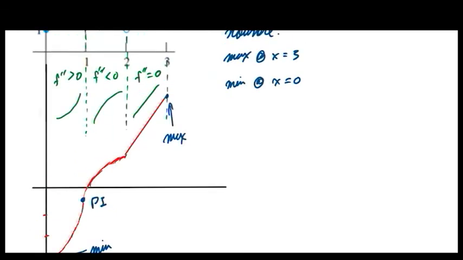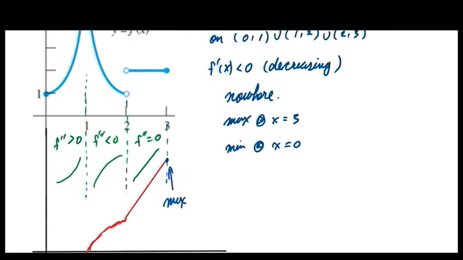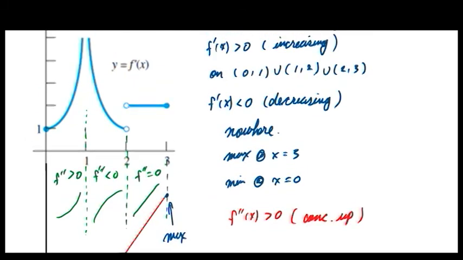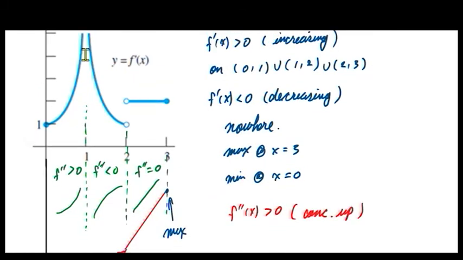Okay, let's talk about point of inflection, and we have 1. So f double prime of x is positive, meaning it will be concave up at that point. And let's just try to feel it from here, right? This part on 0 to 1, eh? Because that ain't concave up or down, it's flat. There's no concavity there.